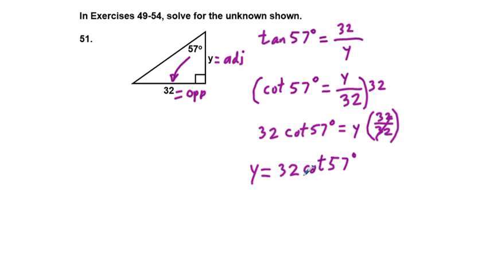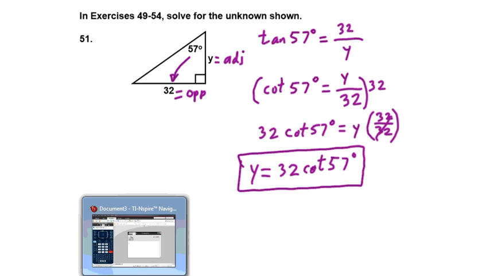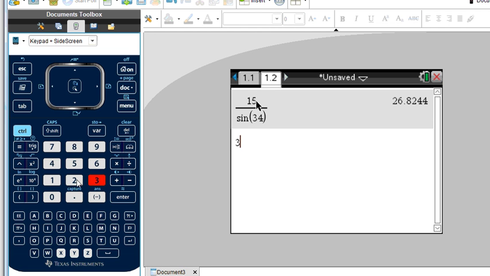Okay, so what I'm going to do here is box this in as our correct answer. The book has as a correct answer 32 over the tangent of 57 degrees, which is equivalent. So 32 times cotangent of 57 degrees.